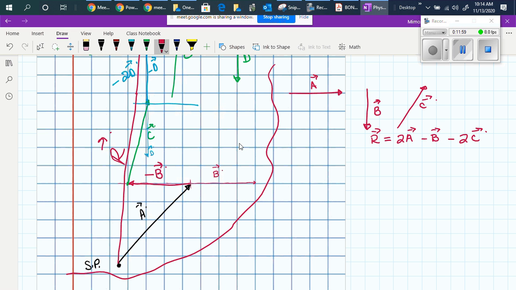Okay, we'll start with a starting point, the starting point being here. And then we will start with 2A. So 1A and 2A is this one here.